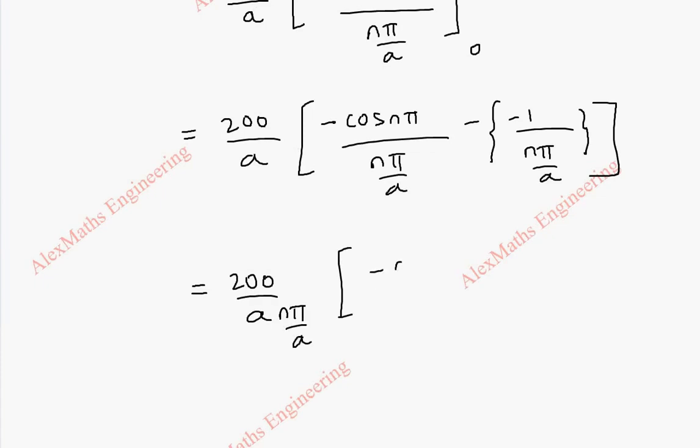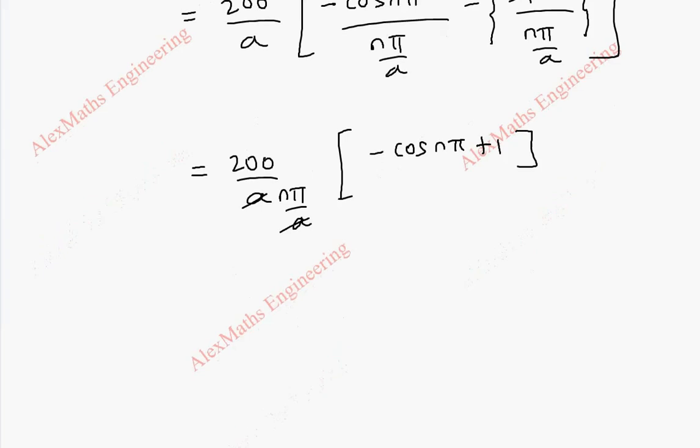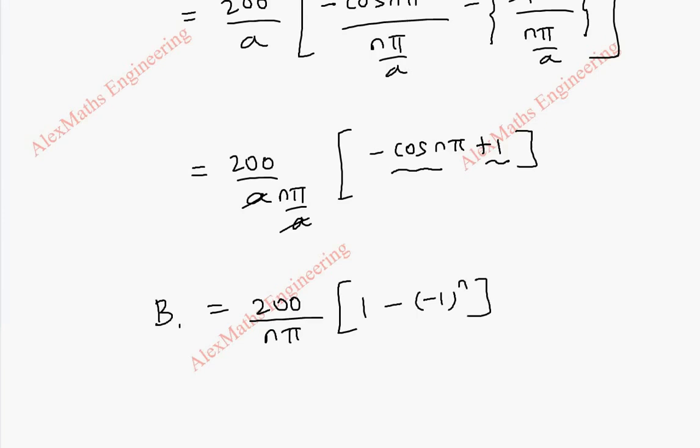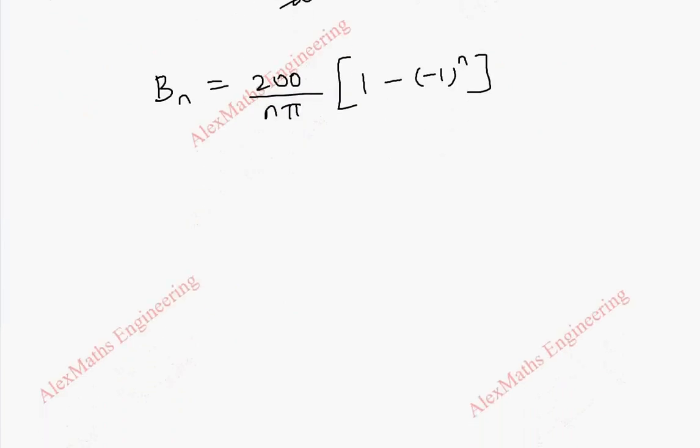And remaining is minus cos nπ plus 1. So we can cancel this, and this will be 200 by nπ, and 1 minus cos nπ, which is (-1)^n, and this is our bn.